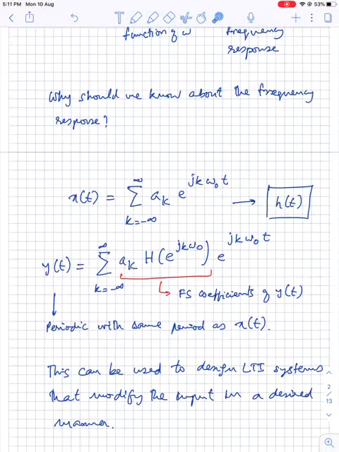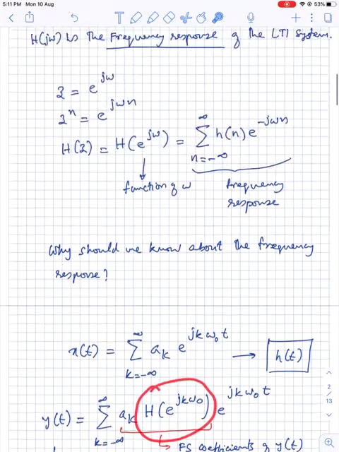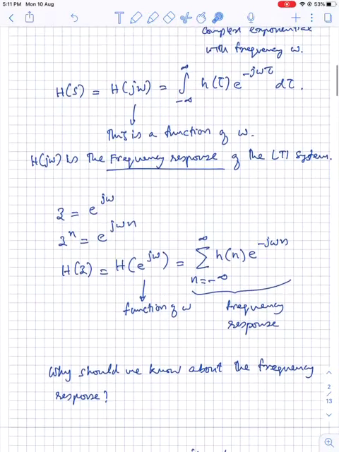Now e raised to j k omega naught t will give you h of e raised to j k omega naught times the same input. So these two things are the same, except that now this is our h of s or h of z, the same h of s, h of z which we saw earlier.